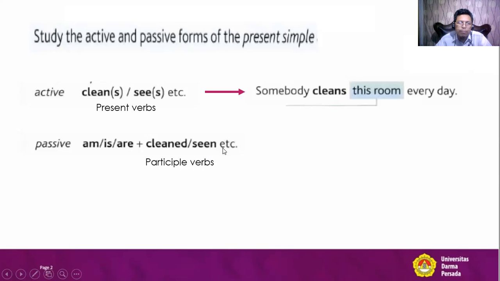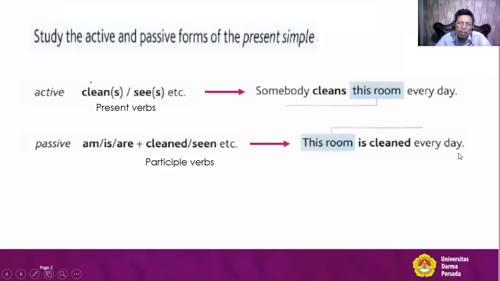Remember, a participle verb cannot stand alone, so this needs combination with to be: am, is, are, because we are talking about present simple. Now I give you how we change this sentence into passive. Let's see.